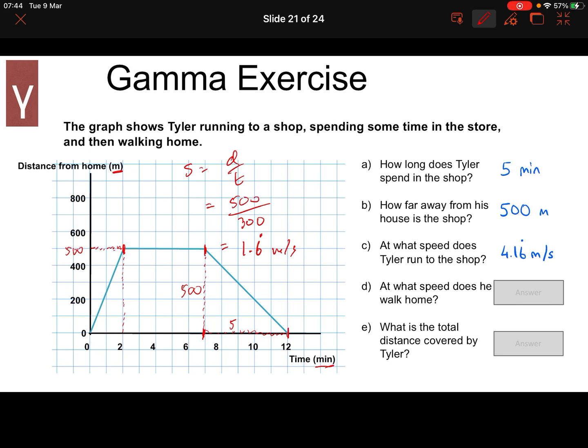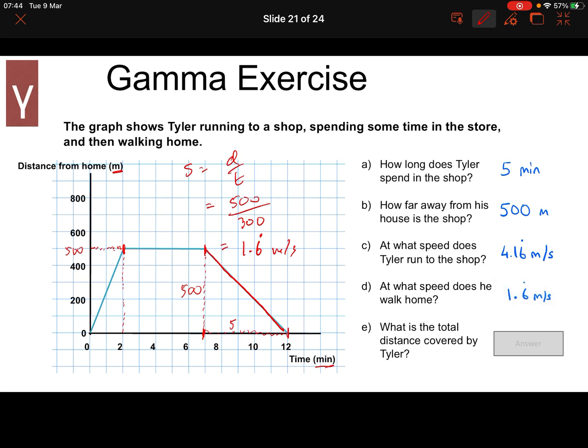Well, this one has a negative gradient. So shouldn't the speed be minus 1.6 recurring? Well, technically, but you can't have a negative speed. So what you're really saying is that you're going at a speed of 1.6 recurring meters per second in the other direction. So the speed, you just take the positive value, okay? So there's the answer, meters per second.